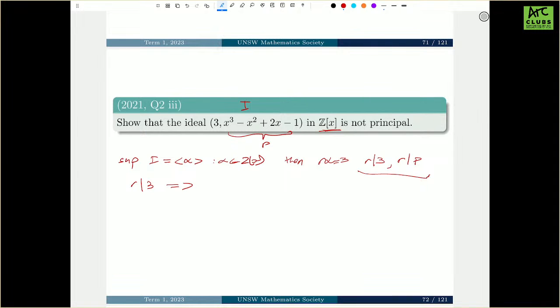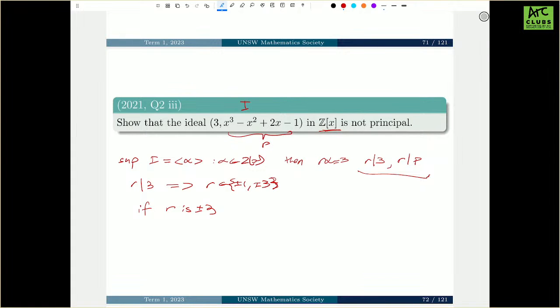So r divides 3 implies r is either plus or minus 1 or plus or minus 3. But then what does that say? If r is plus or minus 3, because we'll take cases now.